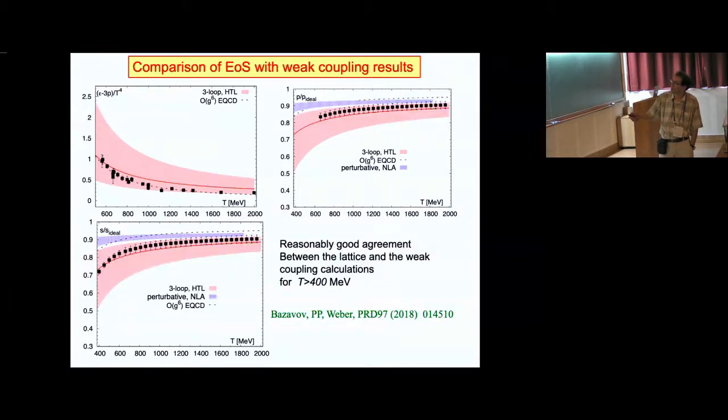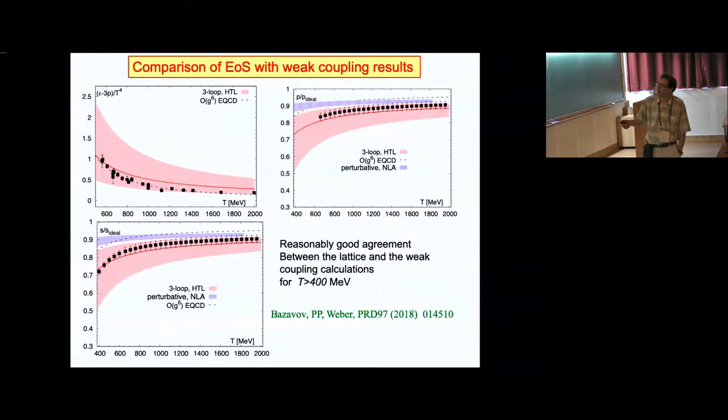And there is another perturbative scheme that was invented by Tony Rebhan, another type of resummation, which is called next to leading log approximation. It's also slightly higher, but basically within the error band of the lattice result. And finally, I show the entropy divided by the ideal gas entropy.